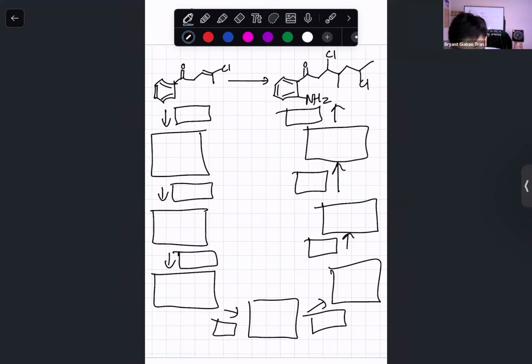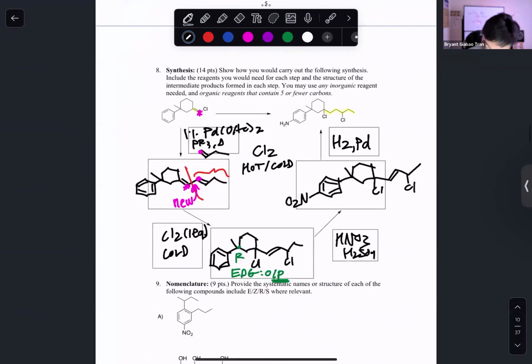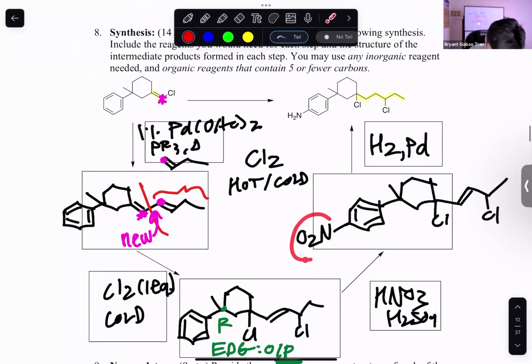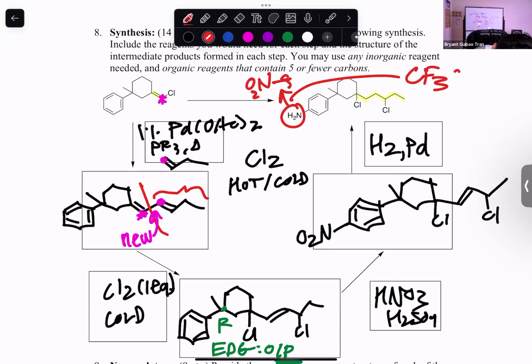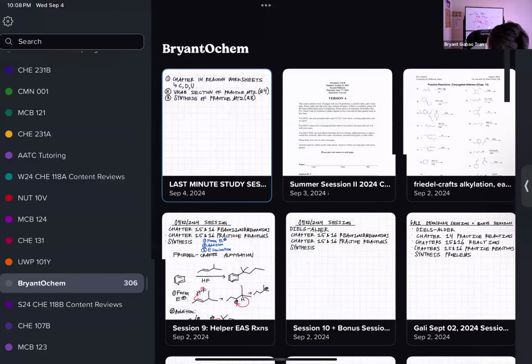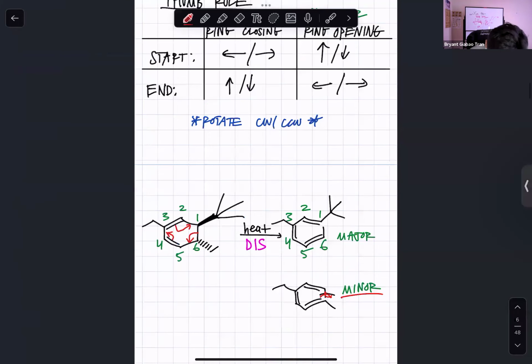Okay, does H2, Pd also change NH2 to NO2? So H2, Pd or Fe, HCl would convert the NO2 to NH2. If you want to convert the NH2 back to NO2, then you gotta use CF3CO3H or mCPBA, right? That's going to be these helper reactions here.